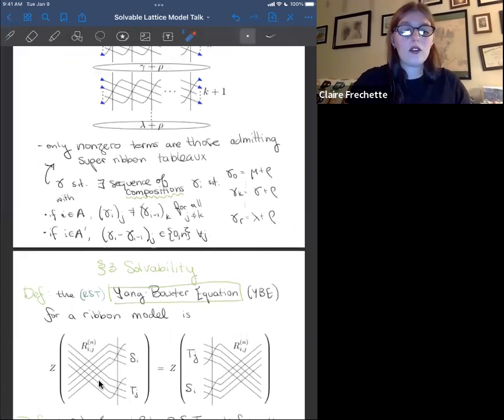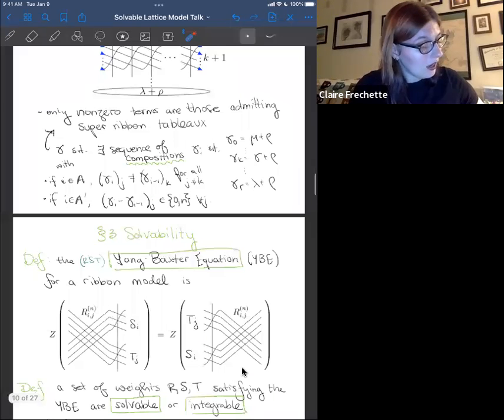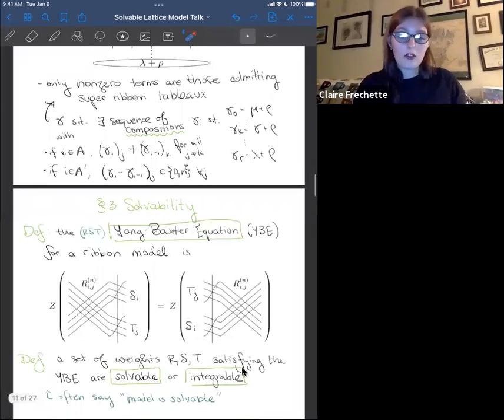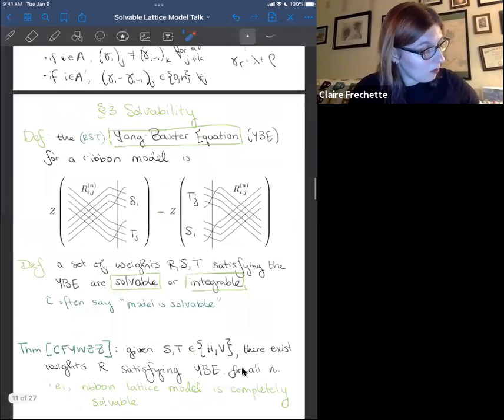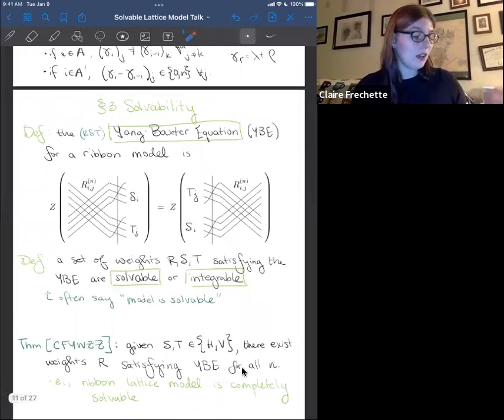I want the partition function that I get when I attach this vertex on this side to be the same as the partition function of this system on the right. And if a set of 3 weights satisfy this Yang-Baxter equation, we call them solvable or integrable, and we frequently abuse notation and say that the model is solvable or integrable. And so it turns out that this lattice model is indeed solvable.